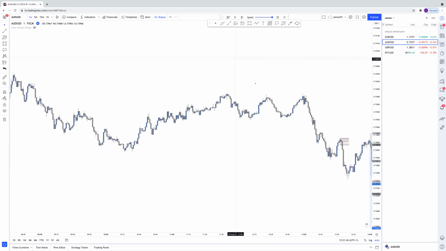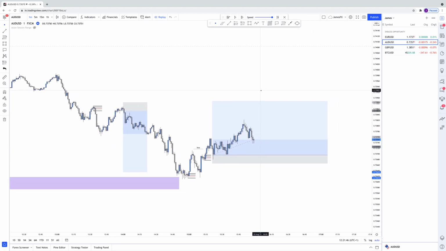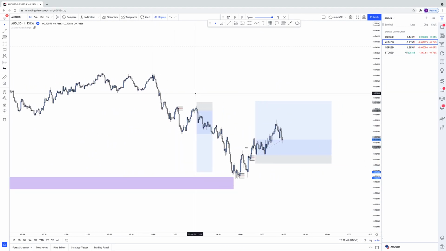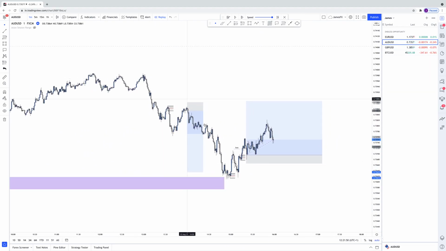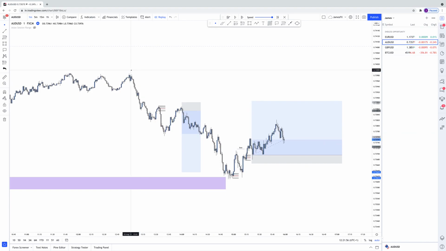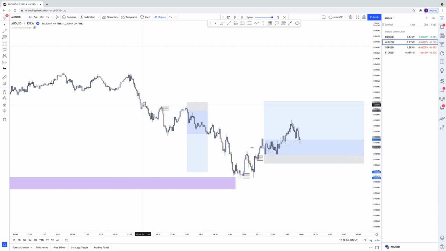Okay. So if we go into the first entry, I'll get into some more entries that could have been taken. Once price pushed down, we broke structure here, pulled back, lower low. So we have an area here, which would be the first entry, which didn't actually get tagged.